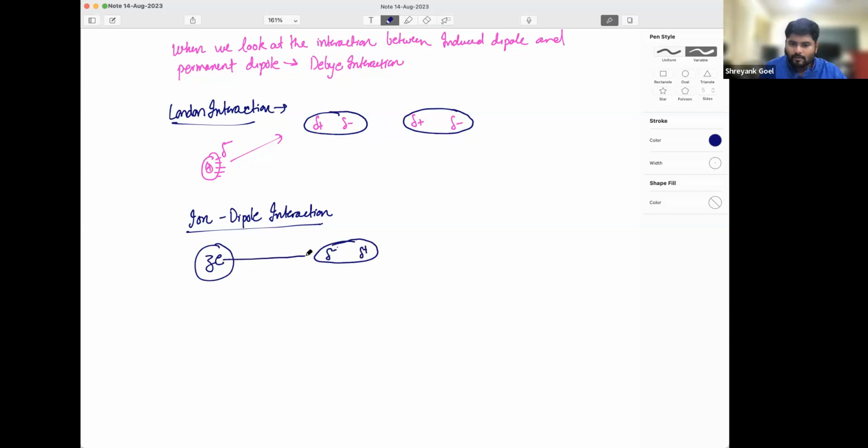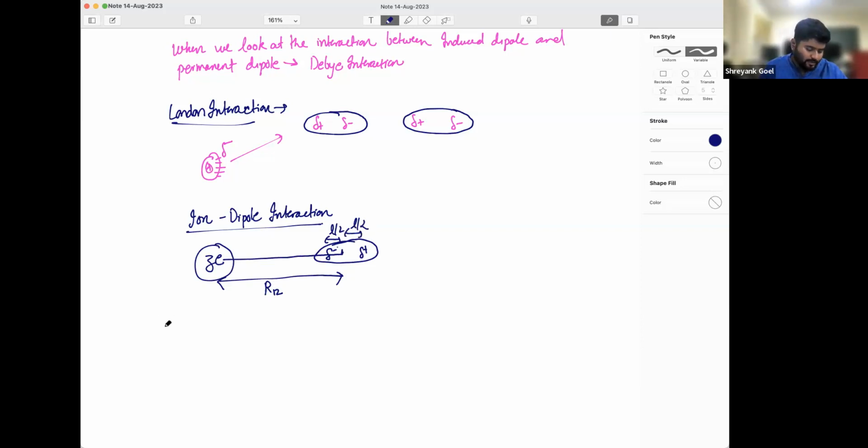This distance is given as R12, and this is L by 2, this is L by 2.